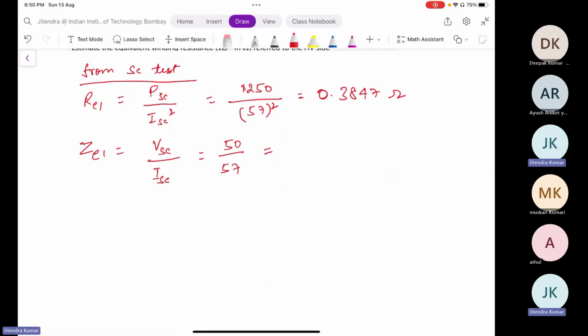While you compute this value, I will try to write the expression of reactance. How much? 0.87, sir.